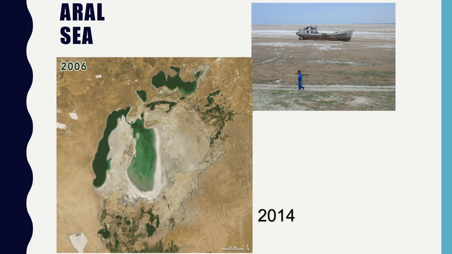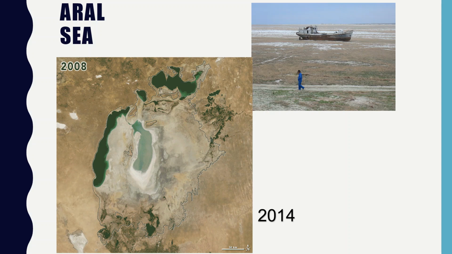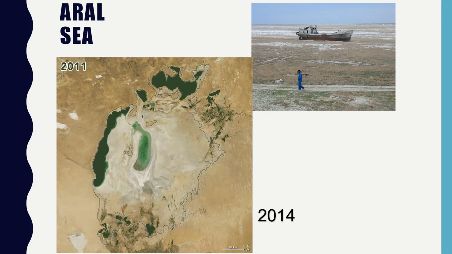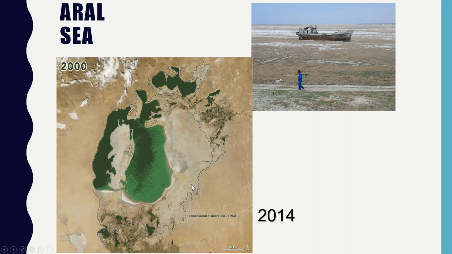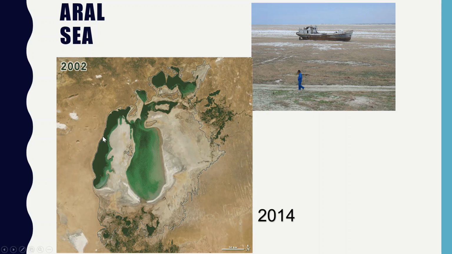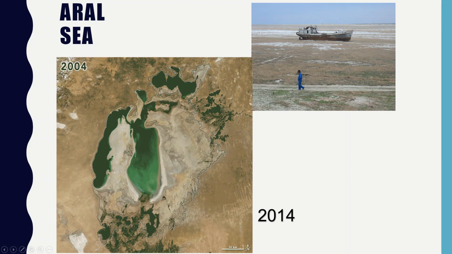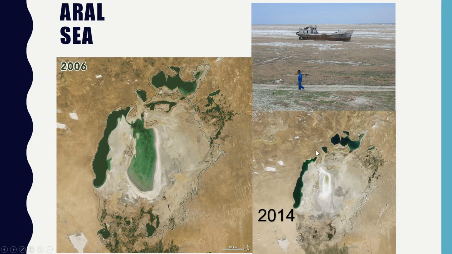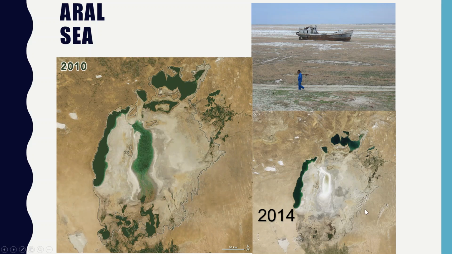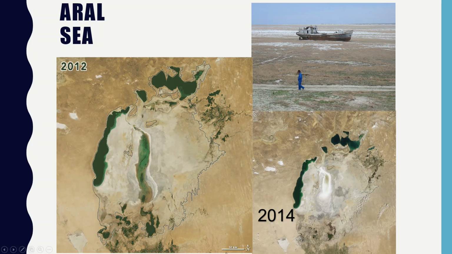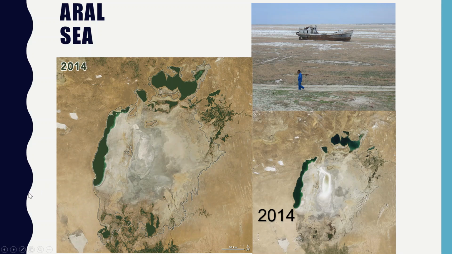So they took all this water to grow cotton and they quickly drained the sea. You can see the historic extent of the sea here and what is left, not very much, right? This is in 2014. And this was like the size of San Diego County. This was not a little body of water. So we can really have profound effects on waterways.